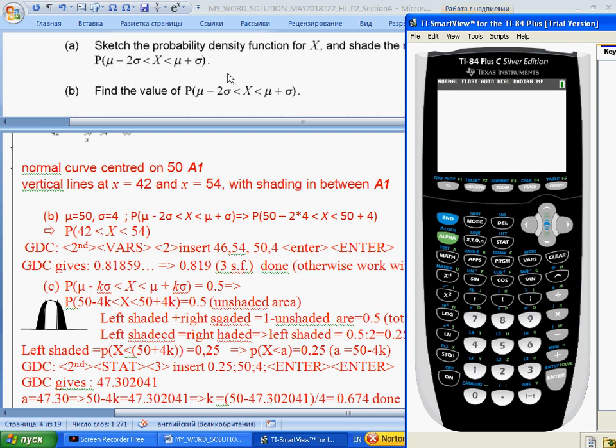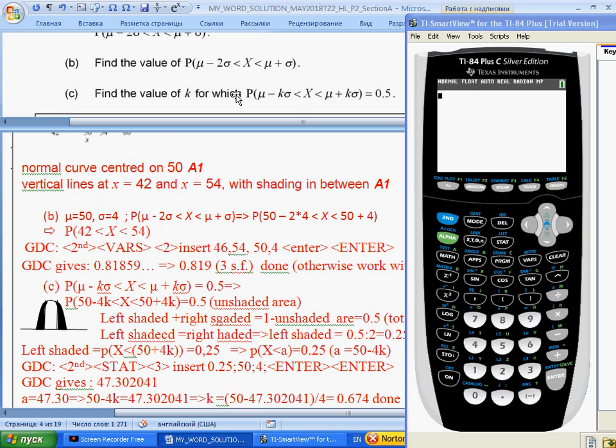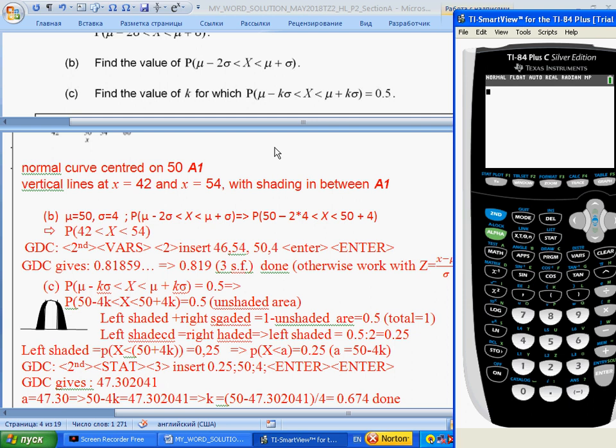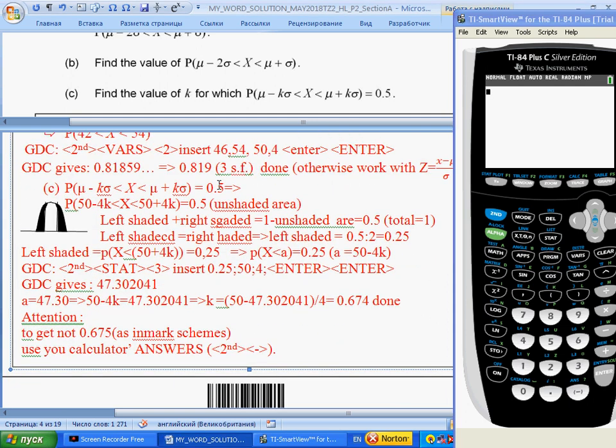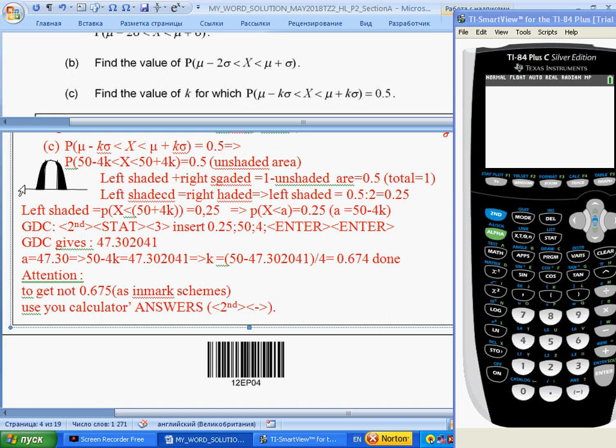Right, next question. Find the value for k for which the probability is equal to 0.5. This is a bit tricky question, and I have drawn this probability distribution function. Unshaded region is 0.5.